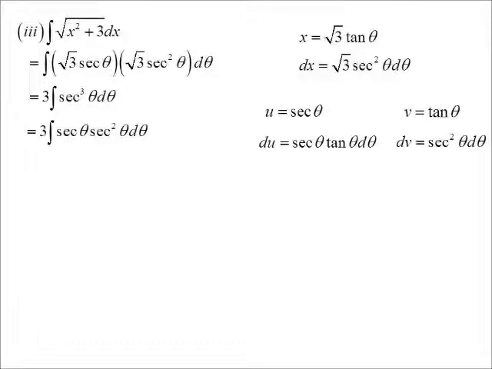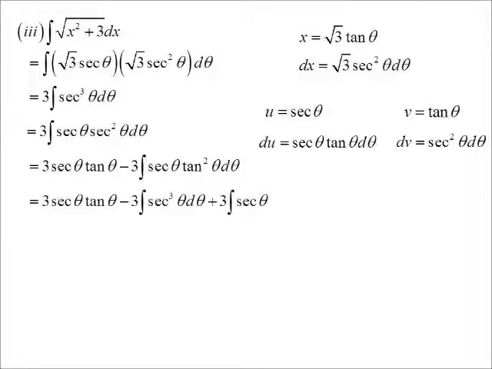The v is sec squared, so v becomes tan theta, but it's 3 times all this. So 3 times uv, sec theta tan theta, minus 3 times the integral of sec theta tan squared theta. The tan squared I can now rewrite as sec squared minus 1, and that creates these two new integrals.